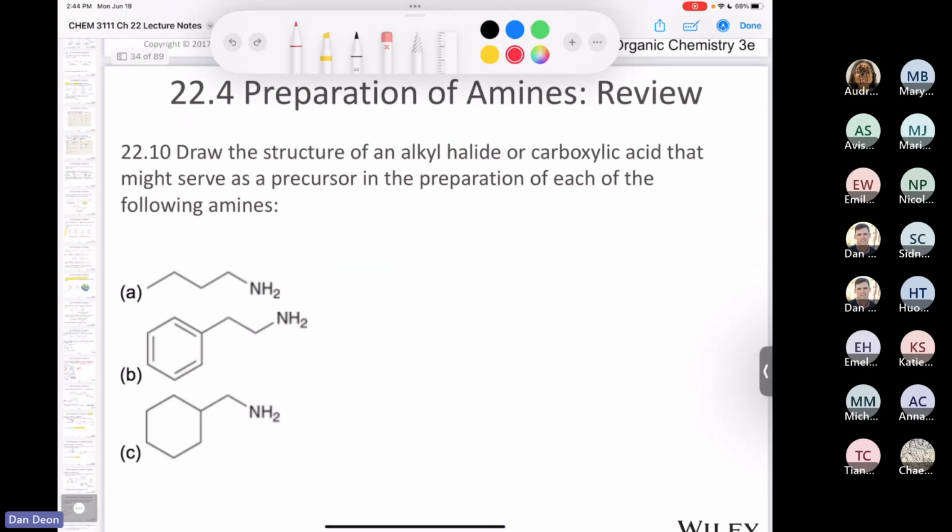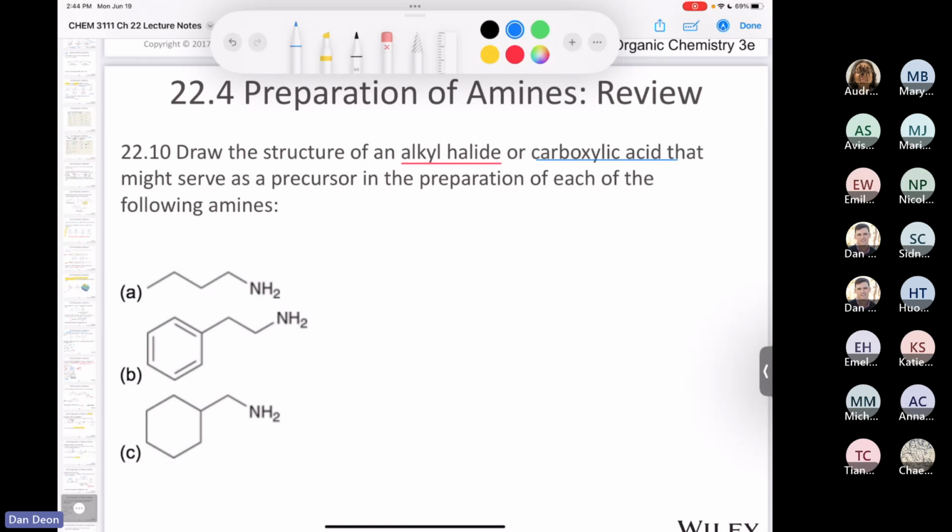All right, so with each one of those in mind, let's see if we can come up with a way to make these. So let's see here. Draw the structure of an alkyl halide or a carboxylic acid. So we'll just do maybe the first one. So alkyl halide or carboxylic acid that might serve as a precursor in the preparation of these amines.